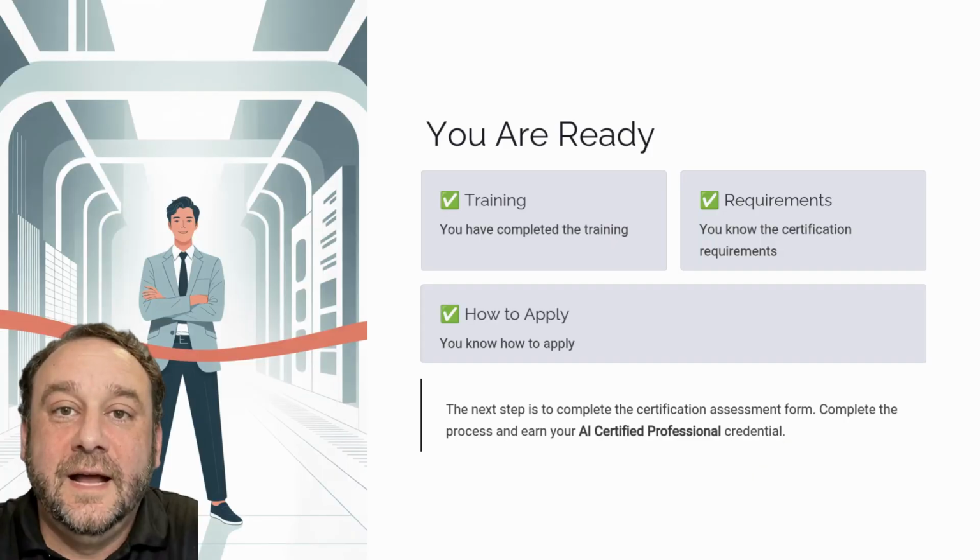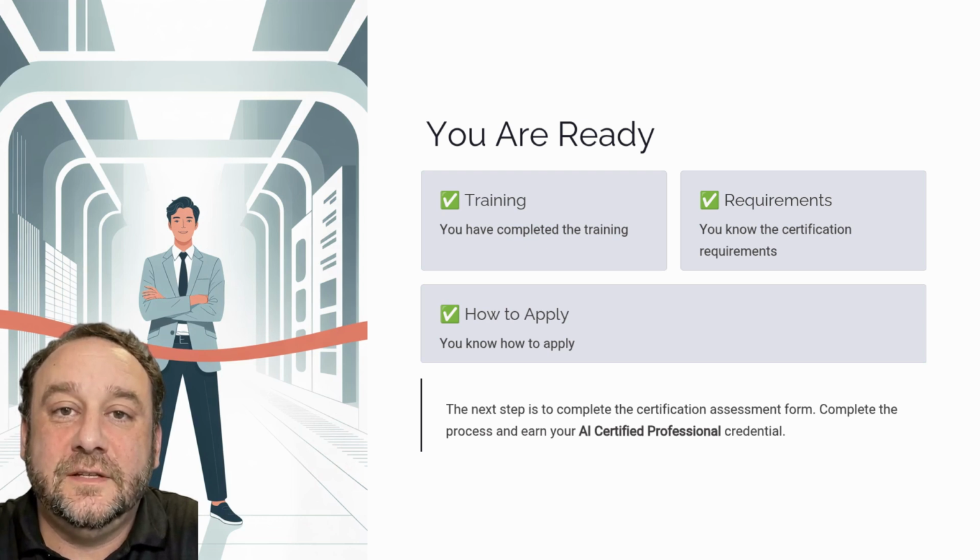You are now at the final step. You've completed the training, you understand the certification requirements, and you know exactly how to apply. At this point, the next move is simple: complete the certification assessment form and submit your response. This final module is designed to remove confusion and make the process clear. You do not need to guess what comes next.